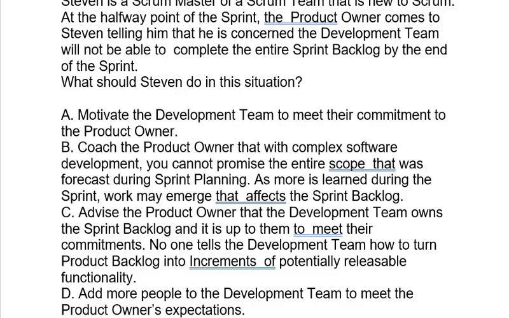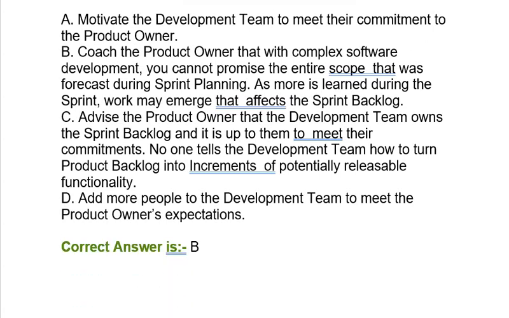Option C, advise the product owner that the development team owns the sprint backlog and it is up to them to meet their commitments. No one tells the development team how to turn product backlog into increments of potentially releasable functionality. Option D, add more people to the development team to meet the product owner's expectations. Correct answer is option B.